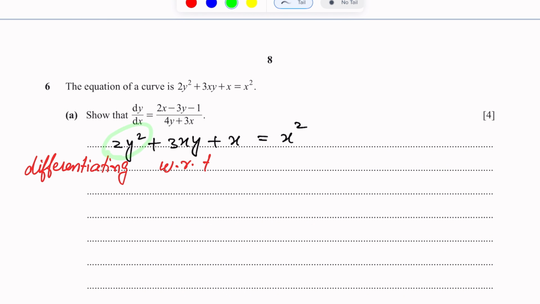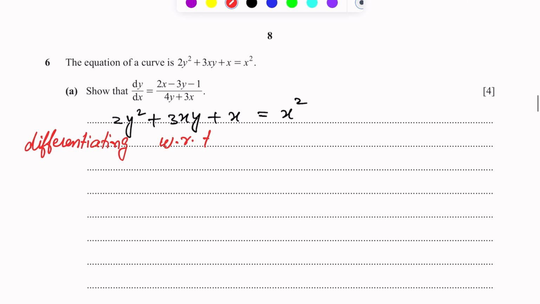Differentiation of 2y square with respect to x gives 4y dy over dx, plus the next term, 3xy. Here the product rule will be used because there are two terms multiplied, x and y. 3 is a constant, so we can take 3 outside the bracket.